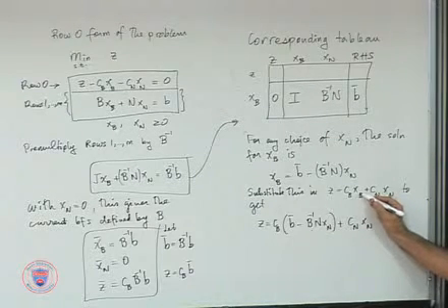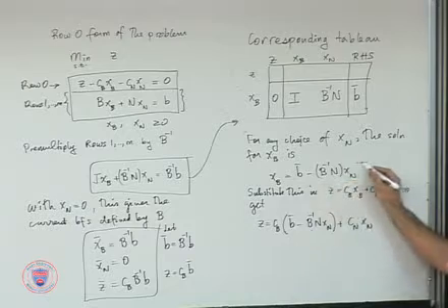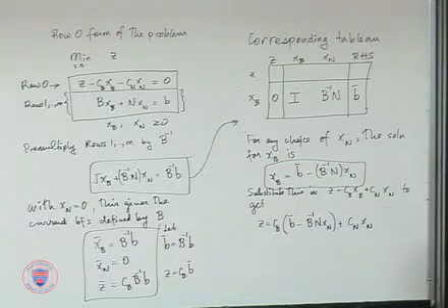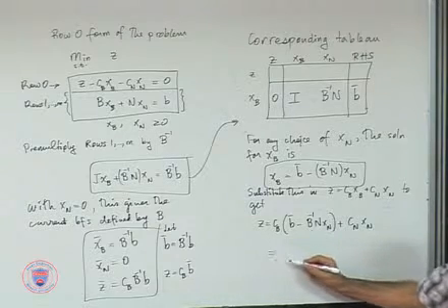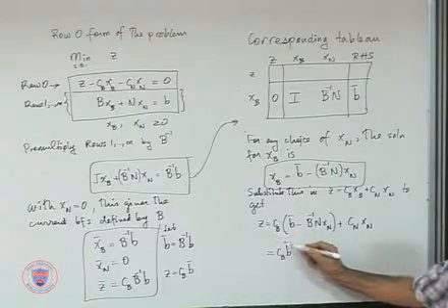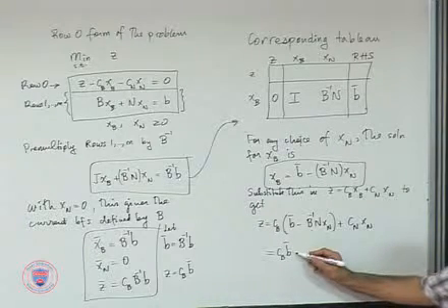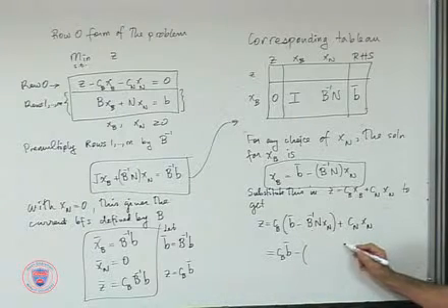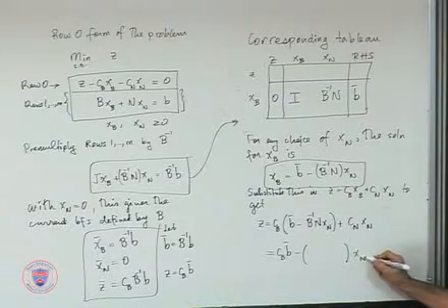So for xb, I simply substituted what I see here. Upon simplification, that will give you Cb B bar plus something times xn.